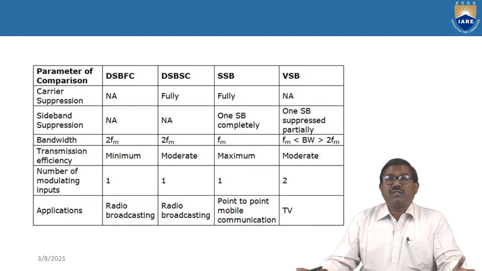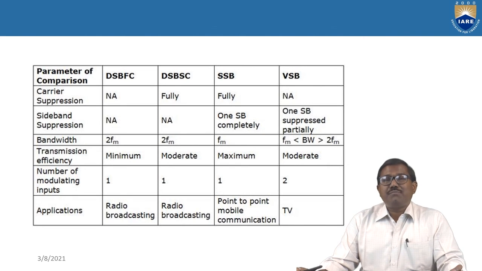Already you found this transmission efficiency, that is mu squared by mu squared plus 2. When mu is 1, perfectly modulated, you're getting 1 by 1 plus 2, that is 1 by 3. So that is 33.3% efficiency for standard AM.